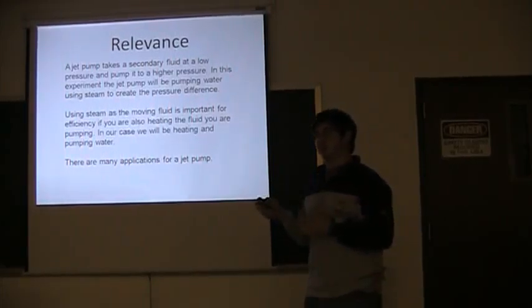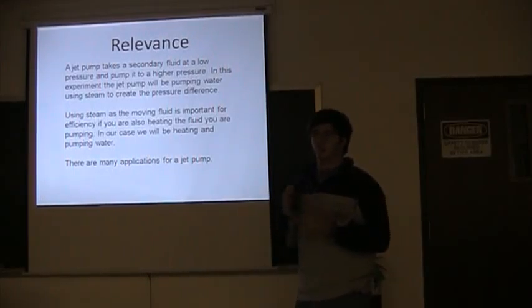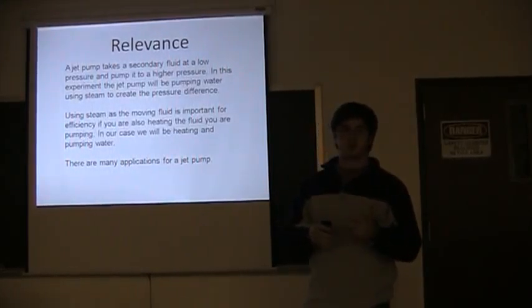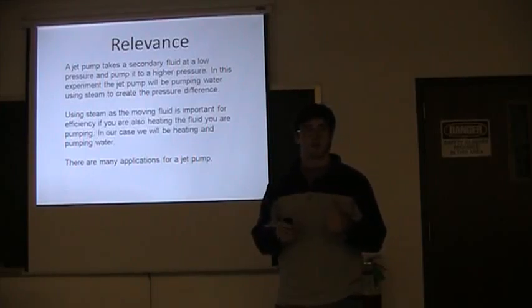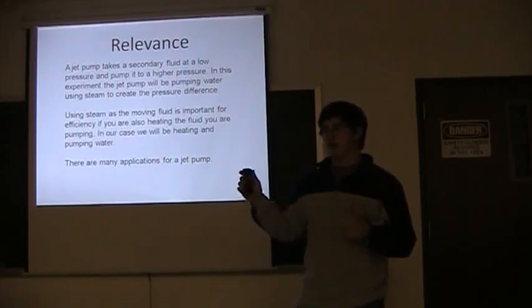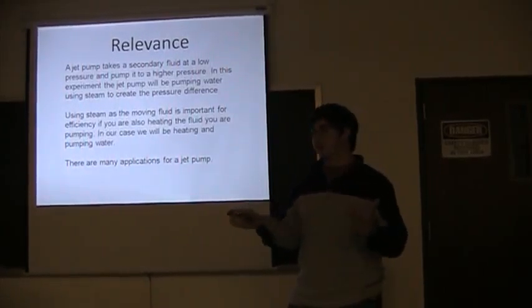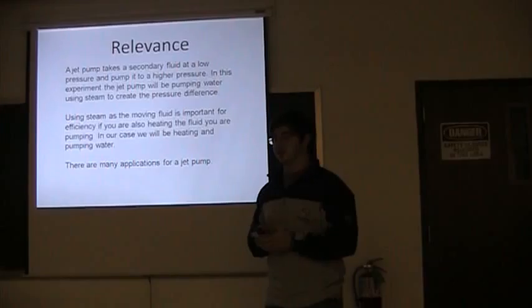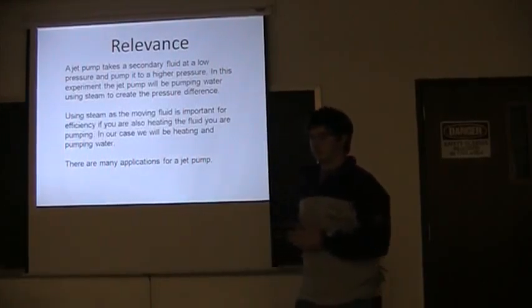In this experiment in particular, we're using steam to pump water. It really has two major effects. Not only does it pump the water by creating low pressure, but it also heats the water, and often heat needs to be included. It's a great way to be efficient in a system.